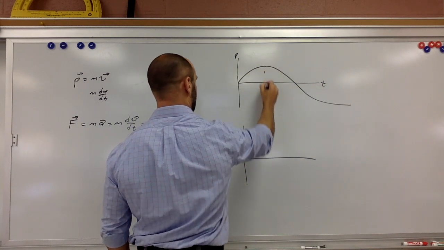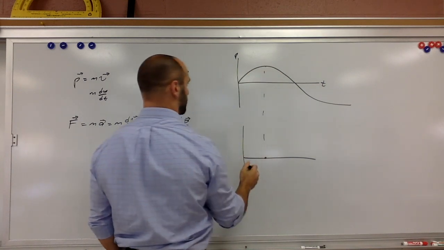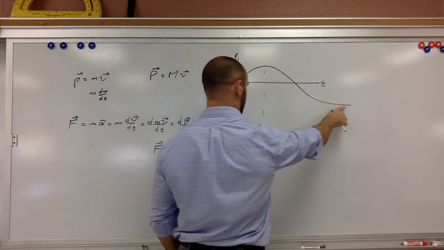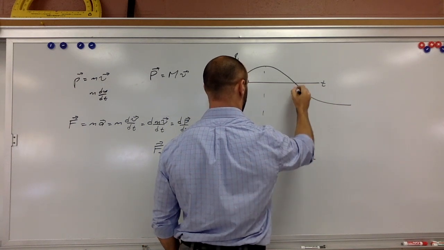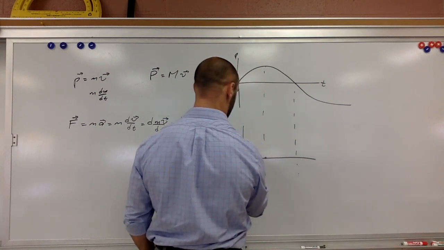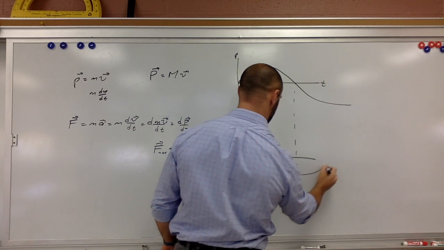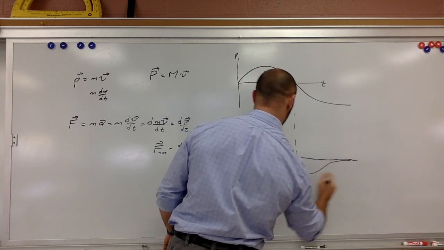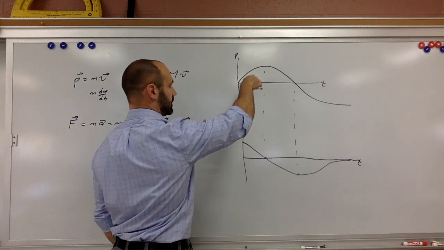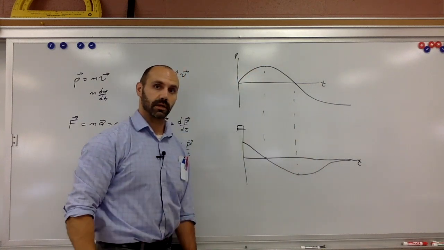This is the place where the slope is 0, so it'll be like that. And it's negative the whole time, and this is the place where it reaches the most negative and then goes to 0. So it's going to look something like this. This is what the force-time graph would look like given this momentum-time graph.